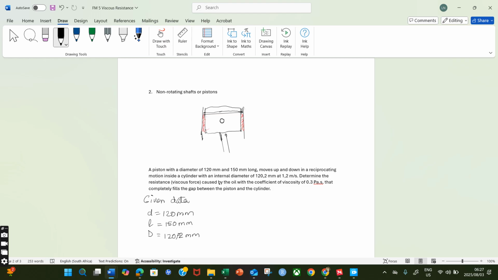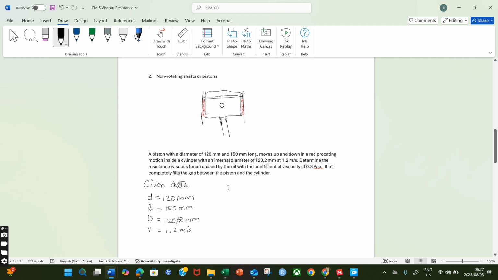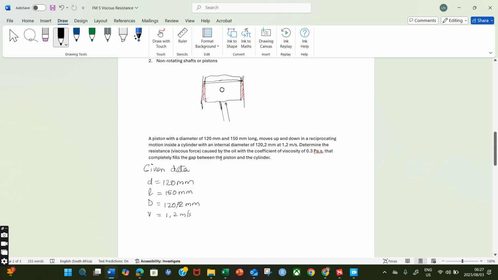And it's moving at the speed of 1.2 meters per second. Determine the resistance or the viscous force caused by the oil with a coefficient of viscosity of 0.3 Pascal second, that completely fills the gap between the piston and the cylinder.